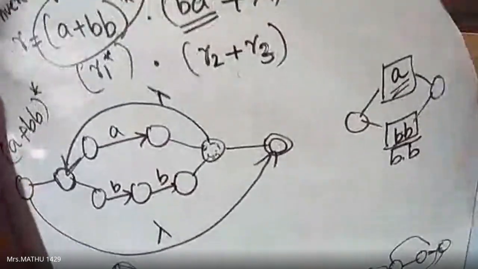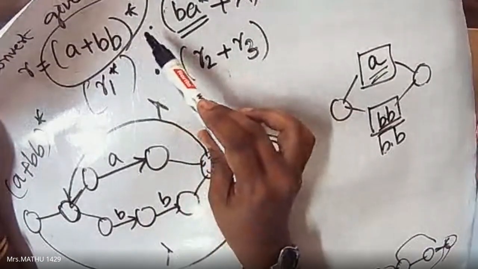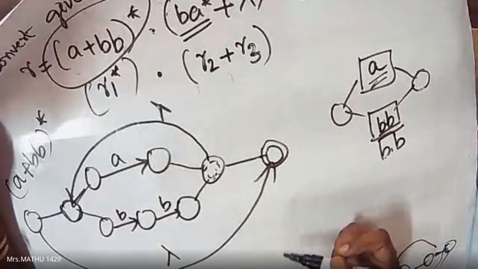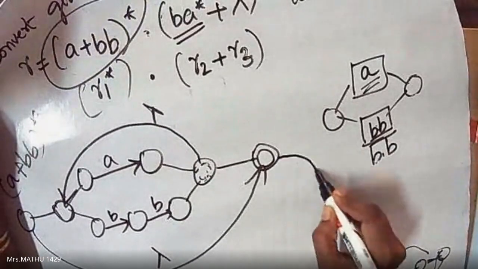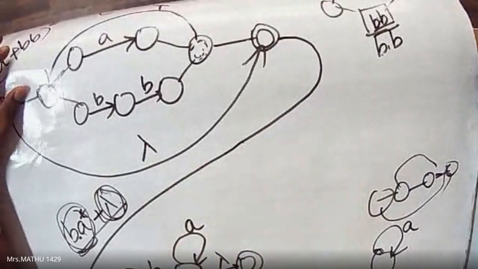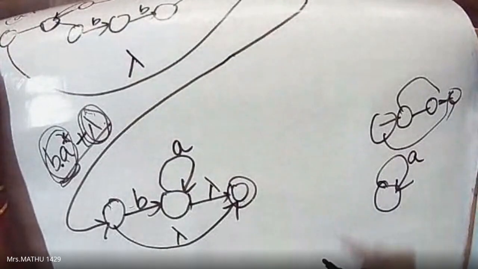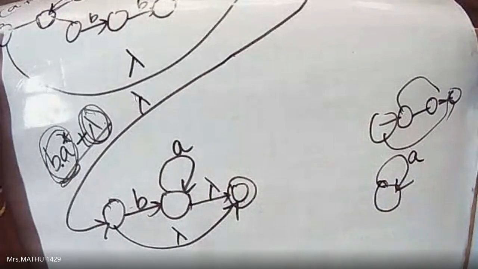Now how can we combine both of these? We have a dot operator, a concatenation operator, in between both of these. So you will be connecting this state with the second regular expression, using a lambda operator.